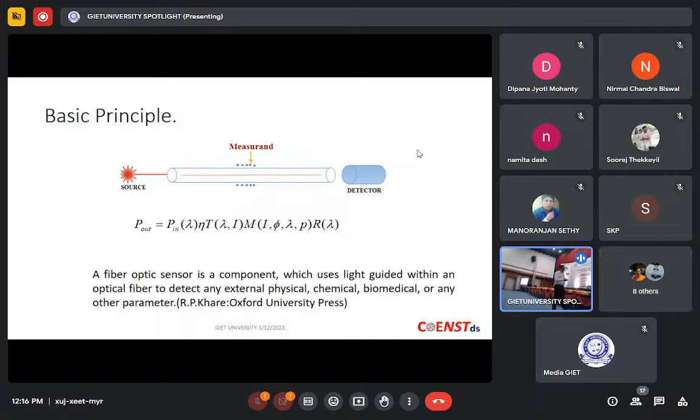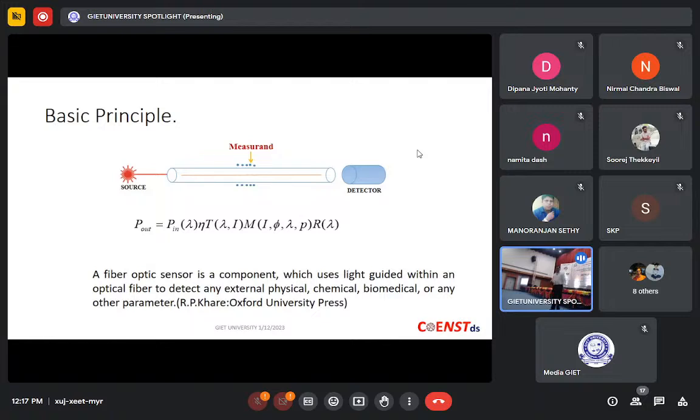If you want to measure the power of light received at the detector, this is P out, and this will change in accordance with this relation. P in is the power emitted by the source, eta is the coupling efficiency between the source and fiber, T is the transmission efficiency, M is the measurement which you are applying, and R is something related to the responsivity.